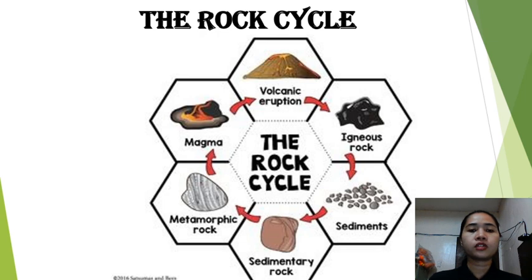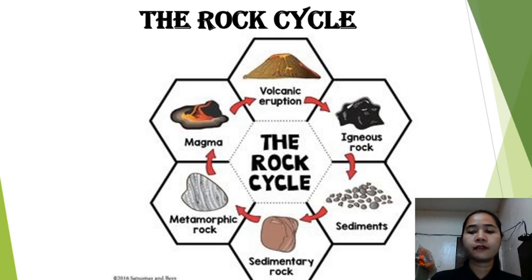Okay, let us proceed to the rock cycle. This is the structure of the rock cycle. We all know that we have three types of rocks: the igneous rocks, sedimentary rocks, and metamorphic rocks.